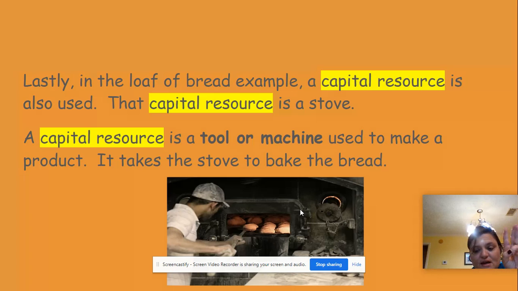And then the third kind is a little hard to remember. It's called a capital resource, and it's going to be a machine or a tool or something that we have to use to make the bread. And the bread needs a stove. It's not enough to have the human, and it's not enough to have the wheat. We also need a machine or a capital resource to bake the bread. In this case, the capital resource is a stove.